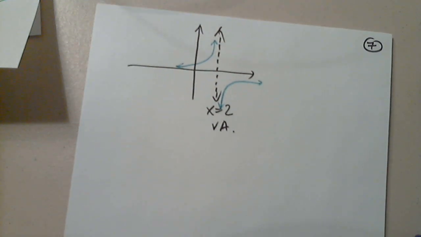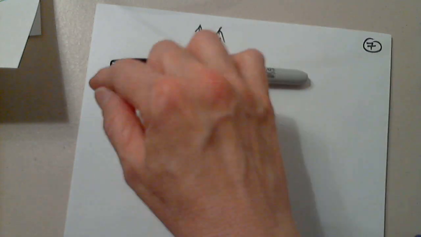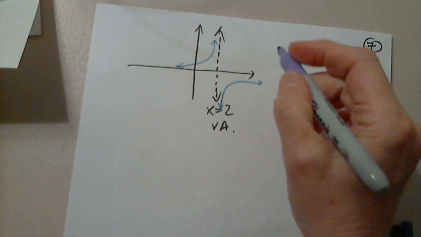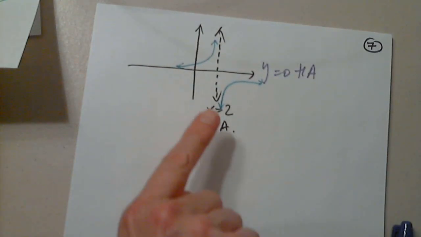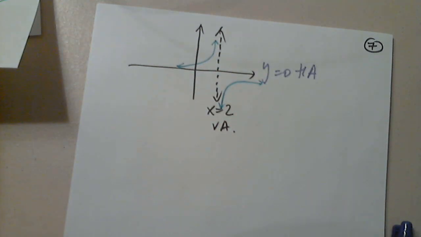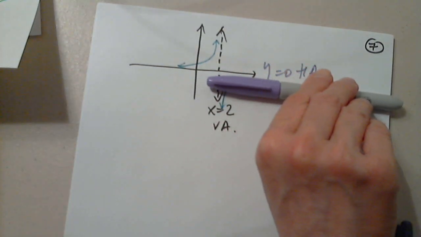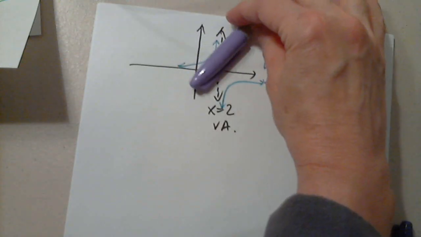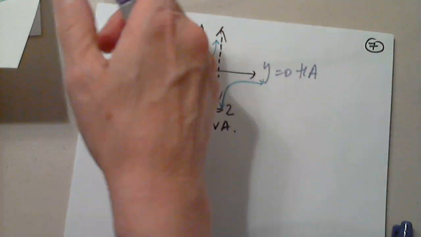In this particular example, y equals 0 is a horizontal asymptote. How come? As x approaches infinity, the function values get closer and closer to 0. As x approaches negative infinity, the function gets closer and closer to 0.